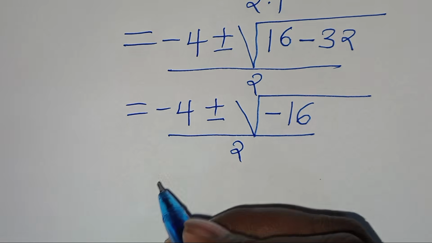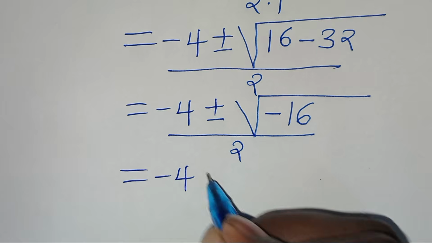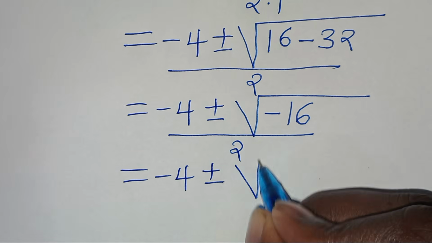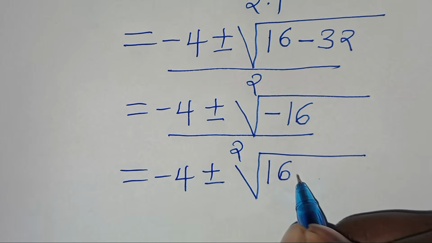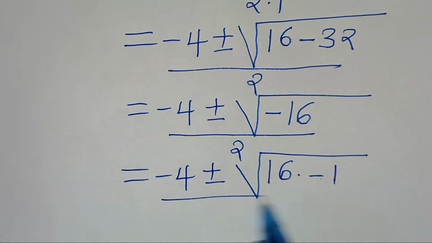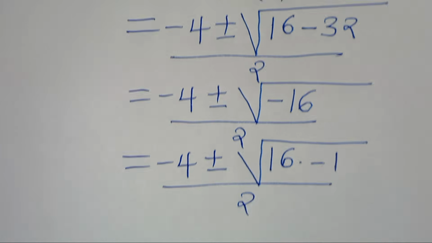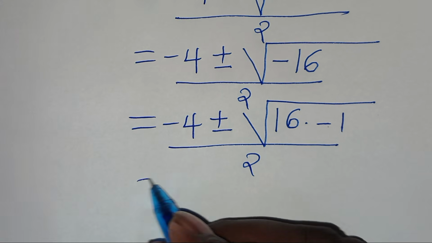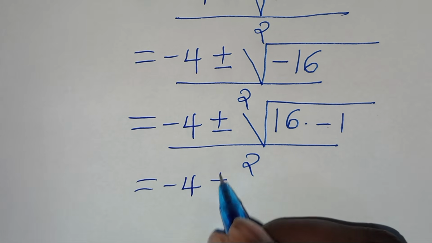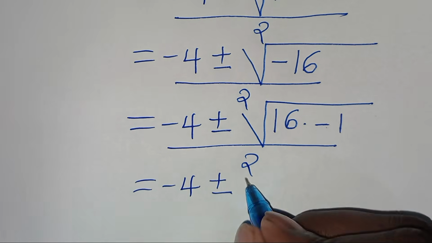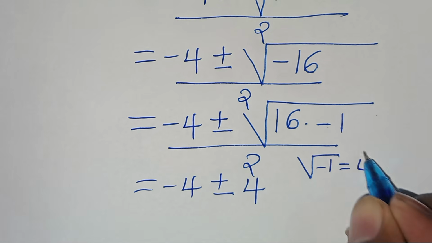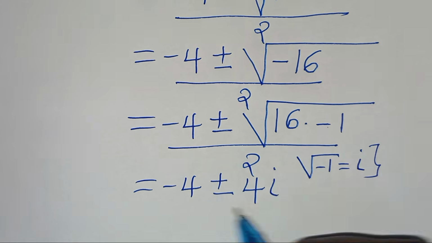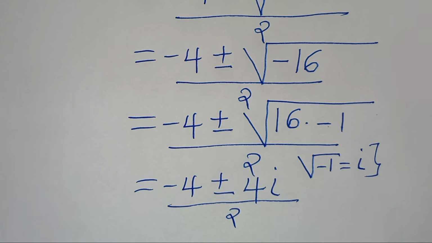Now the next step is that we have -4 plus or minus the square root of -16, which is the square root of 16 times -1, divided by 2. This means we have -4 plus or minus the square root of 16, which is 4, times the square root of -1, which is i. So we have 4i divided by 2.